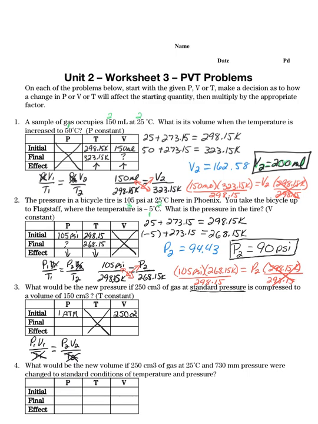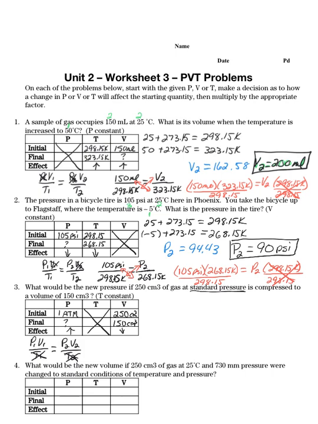So I'm going to say my starting pressure is 1 atmosphere, which is standard pressure. It's compressed to a volume of 150 centimeters cubed, and I need to find the pressure. Now, my volume is going down. If volume is going down, my pressure should go up.